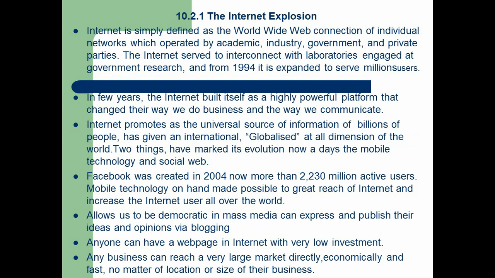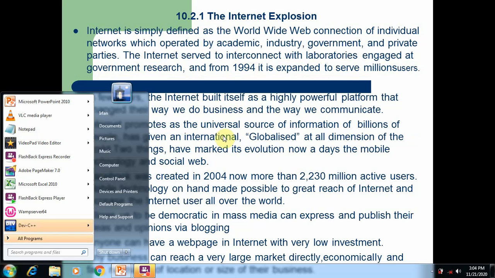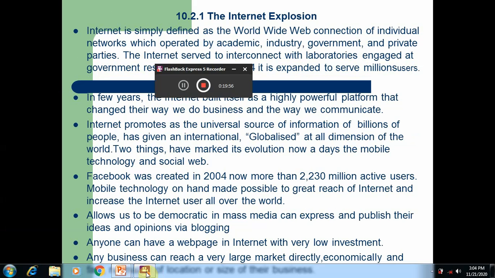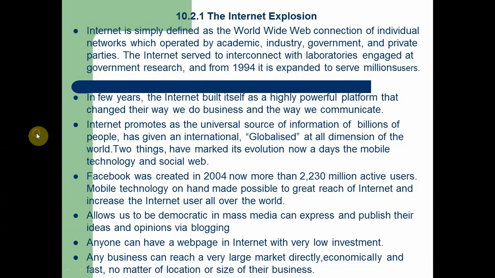So the next topic is the internet explosion. After the development of the internet, what explosion happened in our life? That is the point we are going to discuss under this heading, the growth, the internet explosion. In 1994, the internet was expanded and allowed to be used by common people.